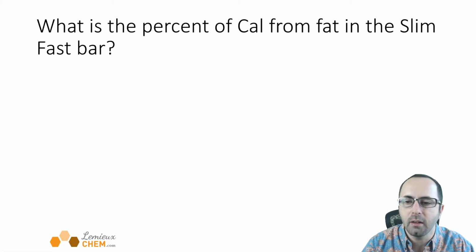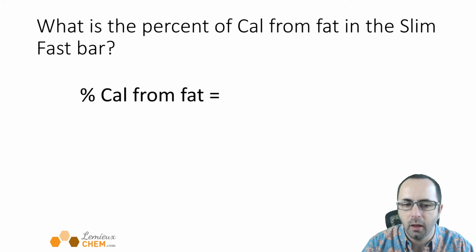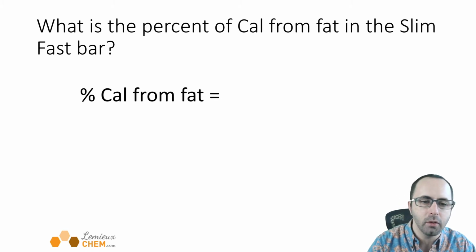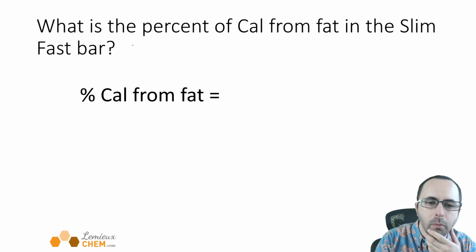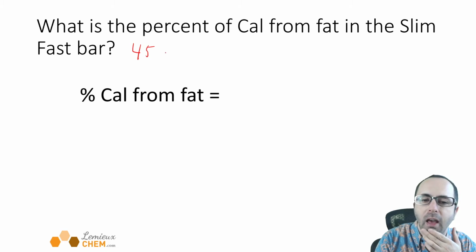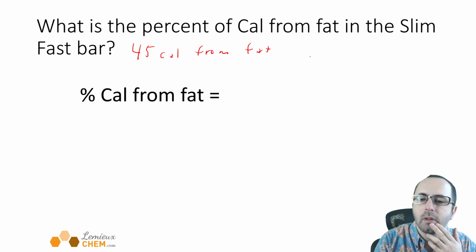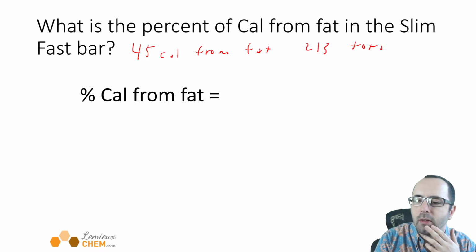So what is the percent of the calories from fat in the Slim Fast bar? Well, if we go back and look at the last slide, you could go back real quick in the video if you wanted to, we had 45 calories from the fat, and we had 213 total calories.